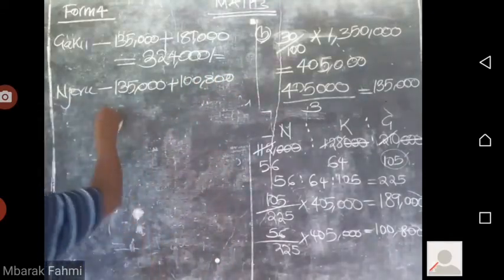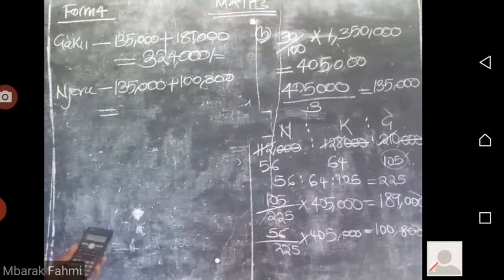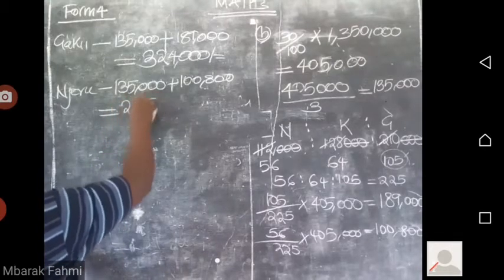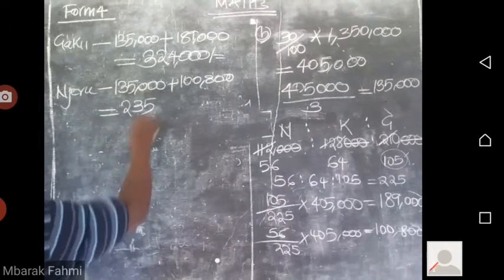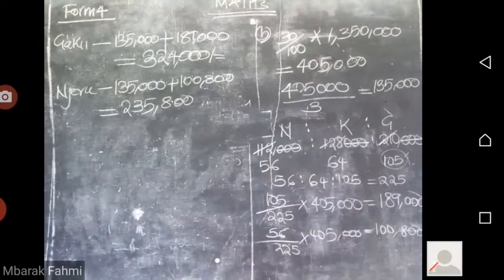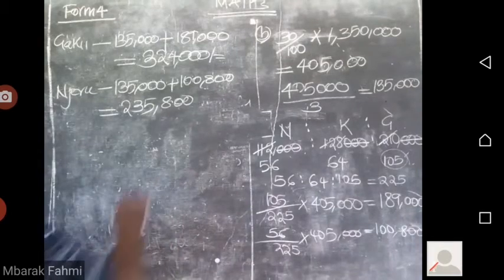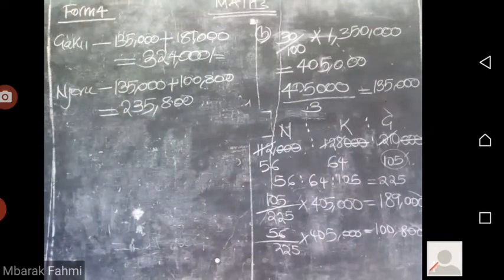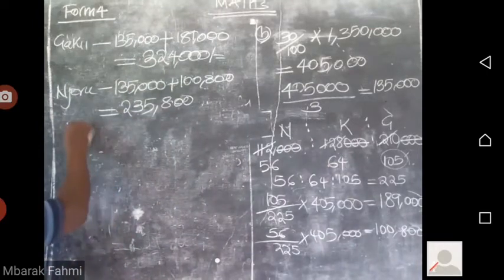So in total, for Jero, it will be 235,800 shillings.